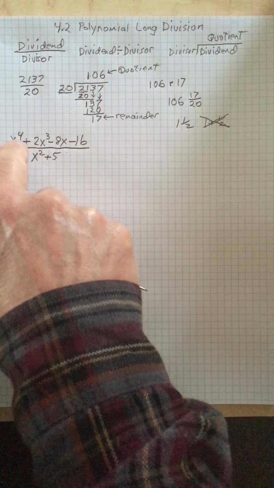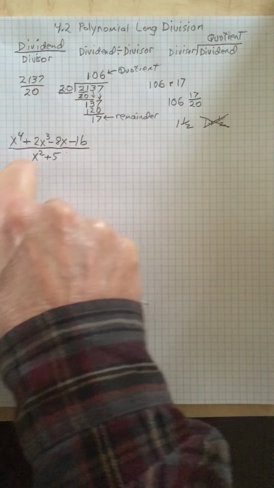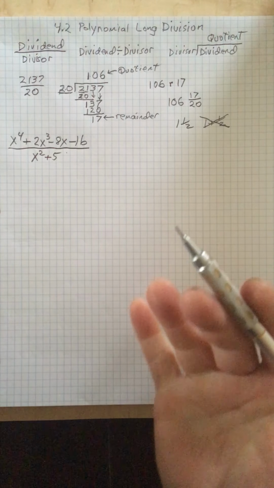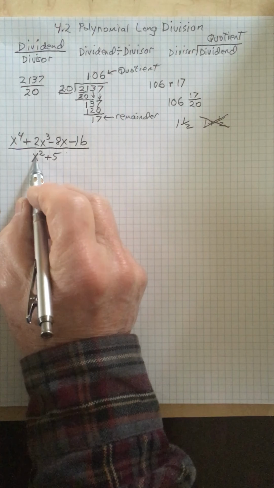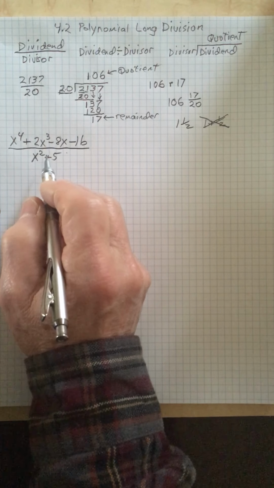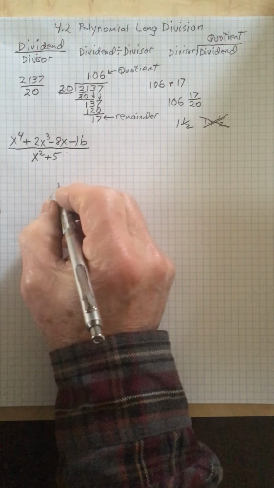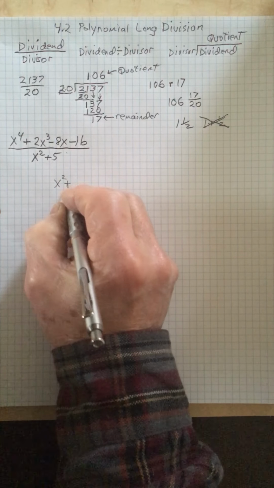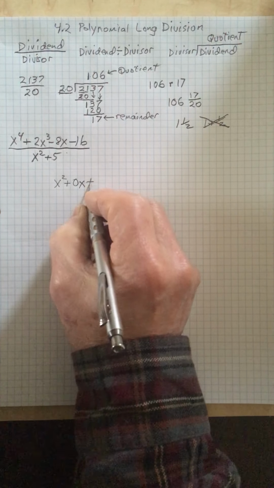That means the degrees are going down as you move from left to right, and these are in that order. Number two, any missing powers you have to zero fill. For example, here we're missing an x, I have an x squared, I don't have an x term, and then a 5. So when I'm setting this up, what I'm going to want to do is this. X squared plus 0x plus 5. We need a placeholder there.